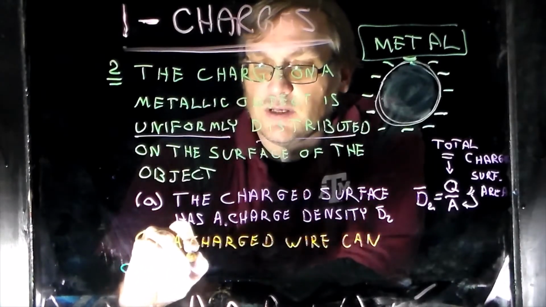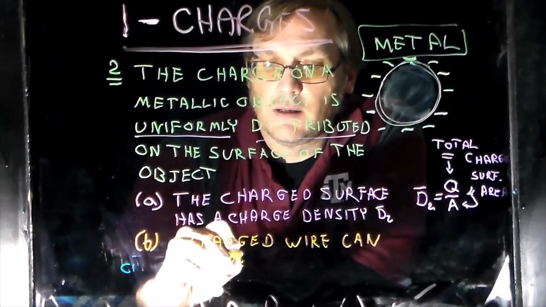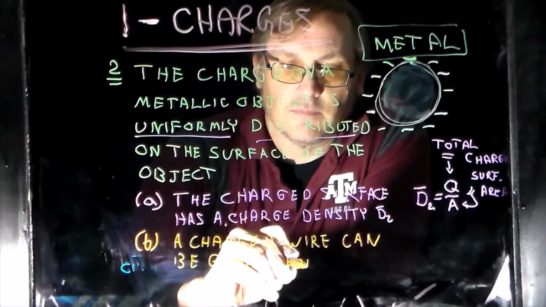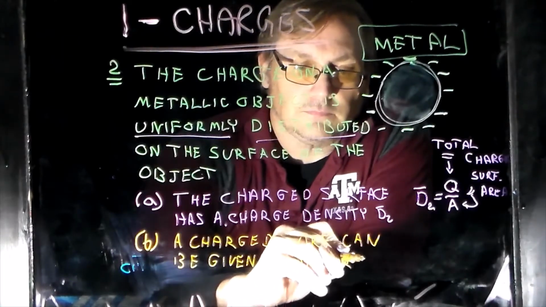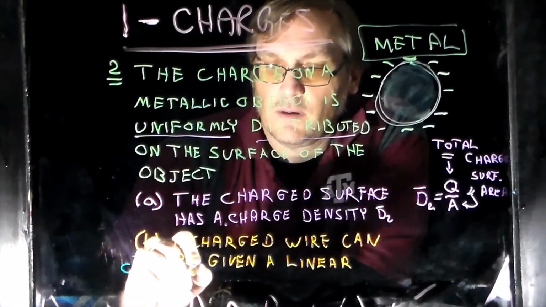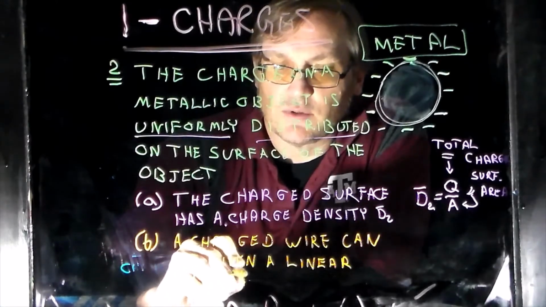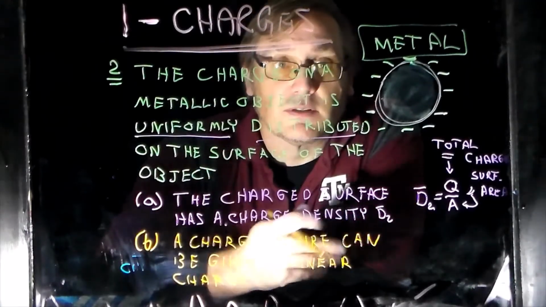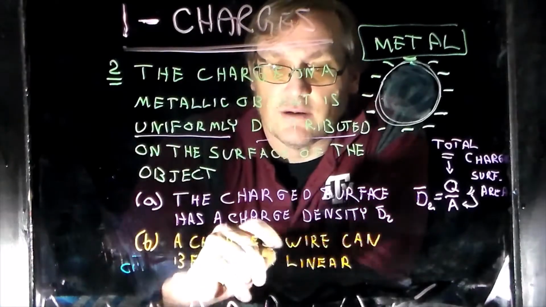That will be approximated by a linear charge density. And this will be interesting when we start talking about currents, because you can talk about the current being a linear charge density that's moving to the right or the left.